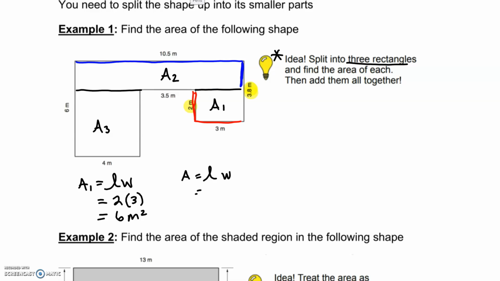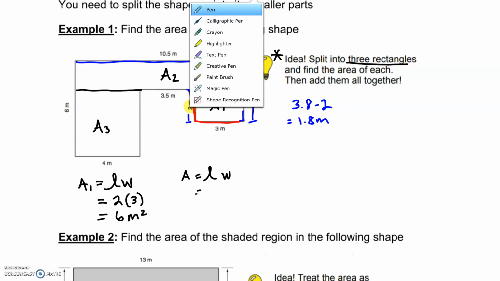I'm going to use those two sides to find the width that I want. 3.8 is from here to here, and 2 meters is from here to here, so we know it's also 2 meters on this side. To get the side right here, I simply subtract 3.8 minus 2, and that gives me my missing side of 1.8 meters.